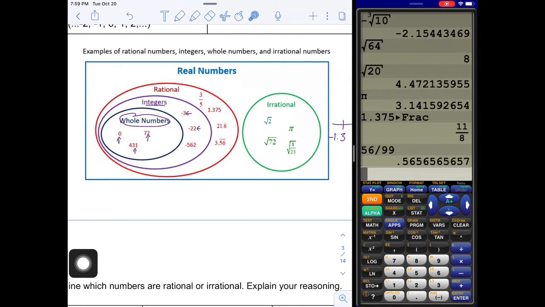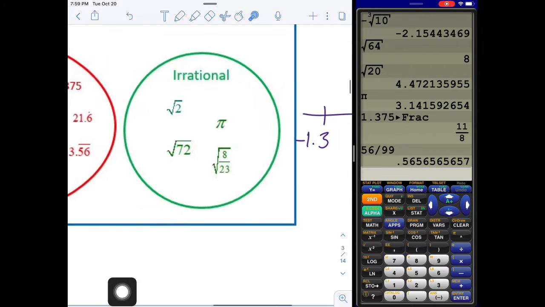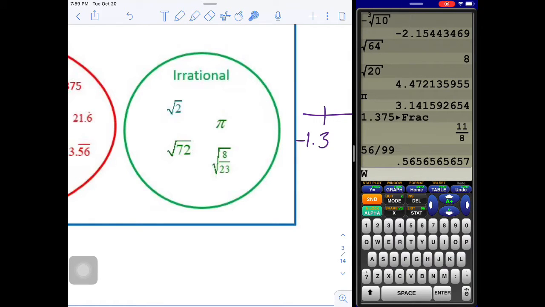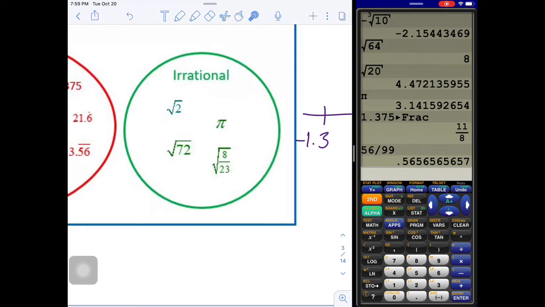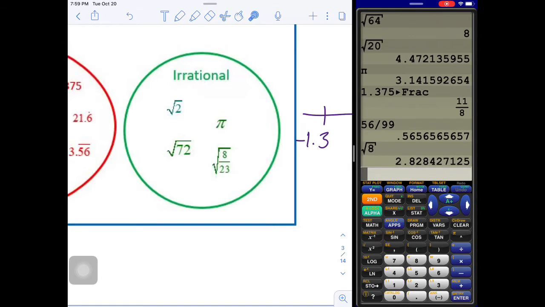And then there are those irrational numbers over here, and we can see that they've represented every single irrational number as either a root or just pi. That's because, again, if you're rooting something and it's not a perfect square, it will be irrational. So if I do square root of 8, that's an irrational number because nothing perfectly squares to it.